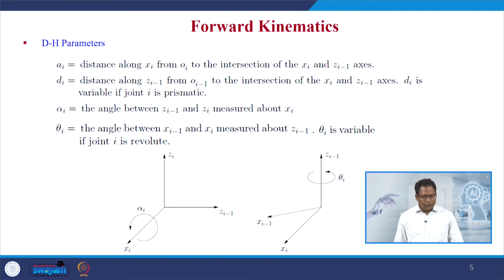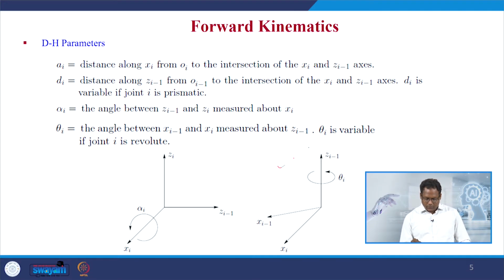Similarly, alpha i is the angle between zi minus 1 and zi measured around xi axis. Finally, theta i is the angle between xi minus 1 and xi axis measured around zi minus 1, and theta i is the variable if the joint i is a revolute joint.